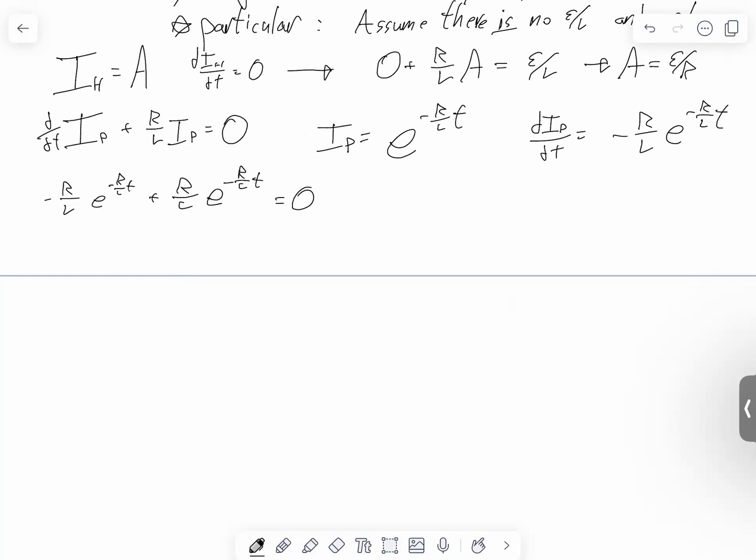When I have a function that satisfies the equation, what that means is if I plug it in, I get zero equals zero at the end of the day. That is guaranteed to be the one and only family of solutions. There's one additional trick I can play. Remember when I threw in a constant R over L and it appeared on both terms?